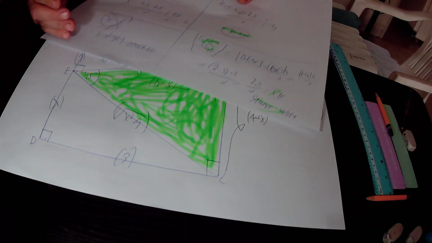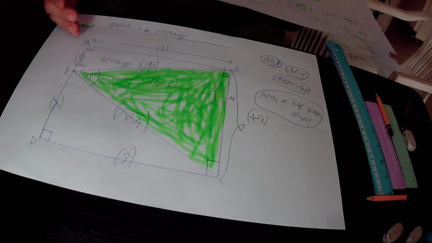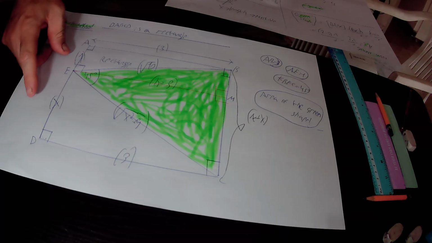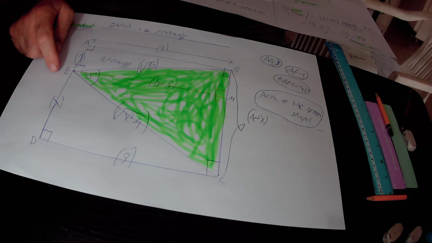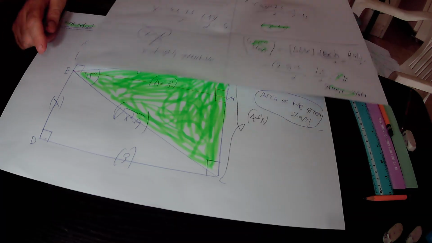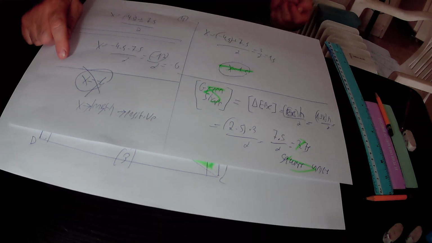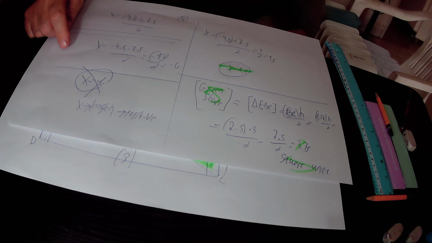Actually, x is the length of this line AD, and since x is a length, it must be a positive number. Minus 6 is a negative number, so x cannot be equal to minus 6. X must be a positive number because x is a length.